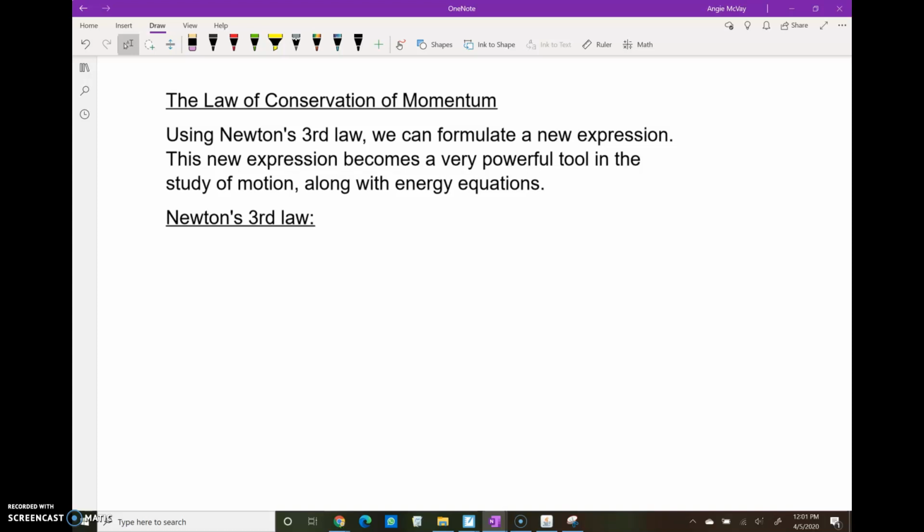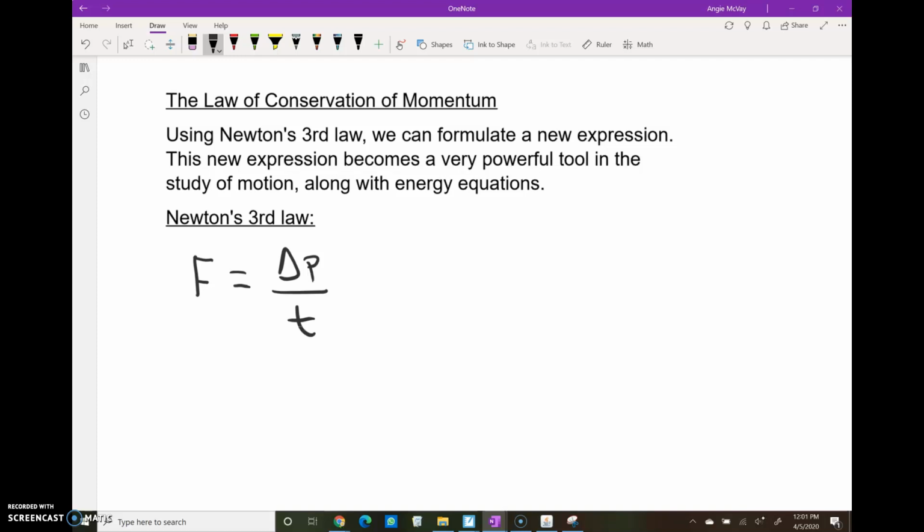Newton's third law says every action has an equal and opposite reaction, right? And just as a reminder, an action and a reaction are the forces objects are exerting on each other. And on the couple previous slides, we said that a force can be rewritten as the change in an object's momentum over time.